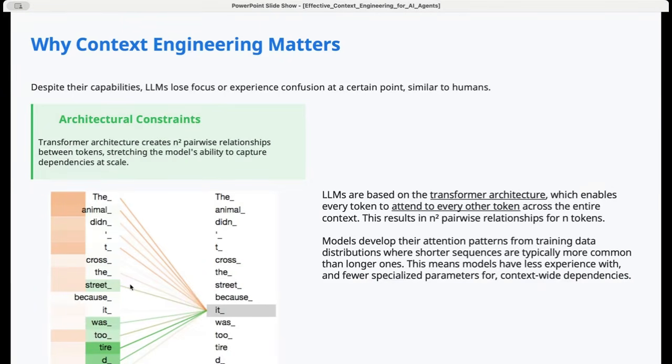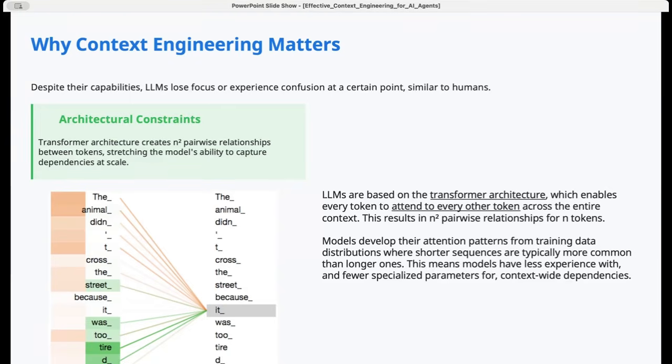But as the context window increases, it stretches the model's ability to capture dependencies at scale. This also results in an n-squared pairwise relationship for n tokens. So this makes attention even more difficult when the context window is very long.